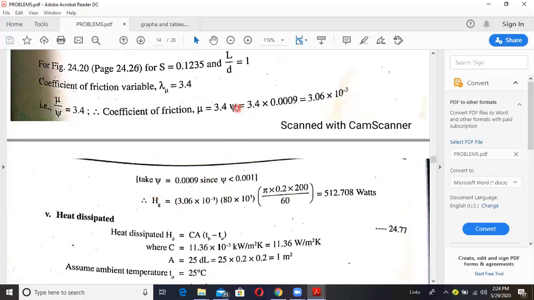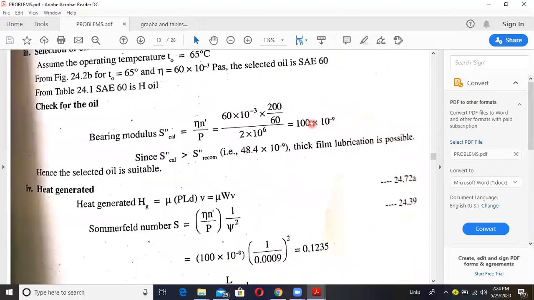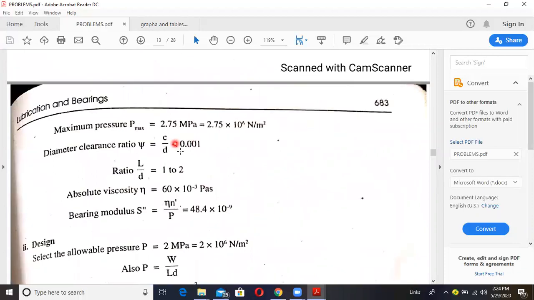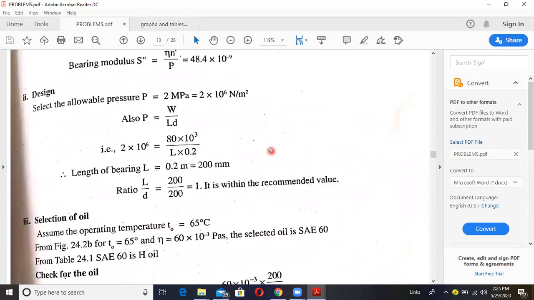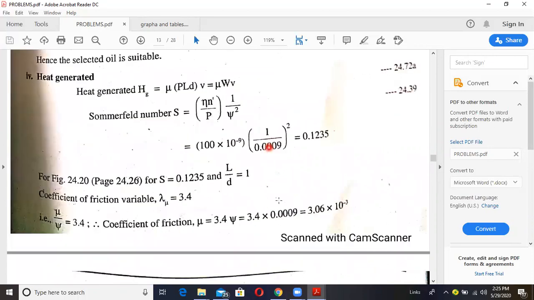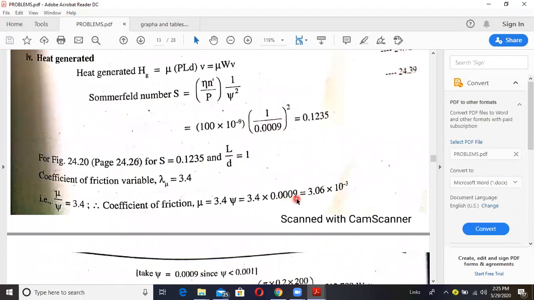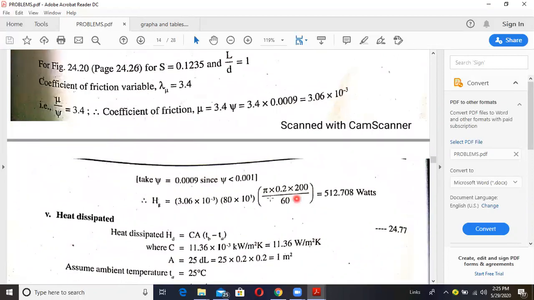And here xi, since in the first step we got xi less than 0.001, we should not take this value. We are going to take less than this value. So that's why we have taken xi is equal to 0.009. Substitute everything, then we can calculate HG, heat generated.